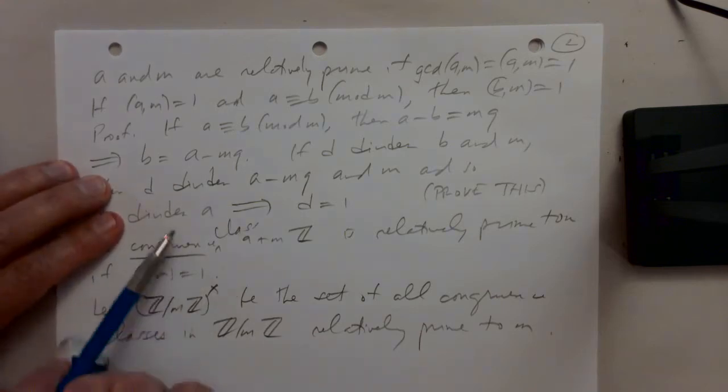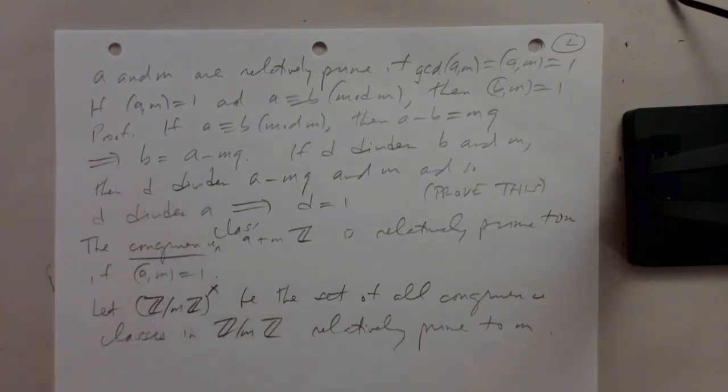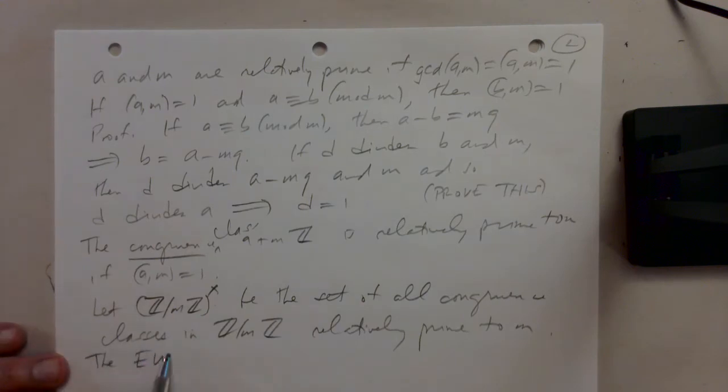And we define a very important function. It is called the Euler, spelled E-U-L-E-R, pronounced Euler, phi function.